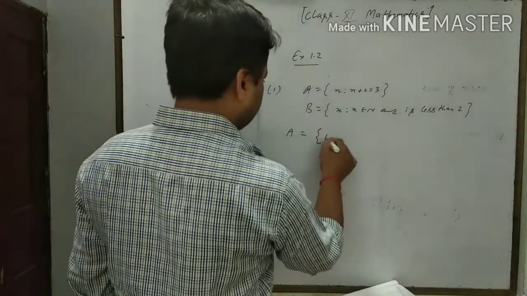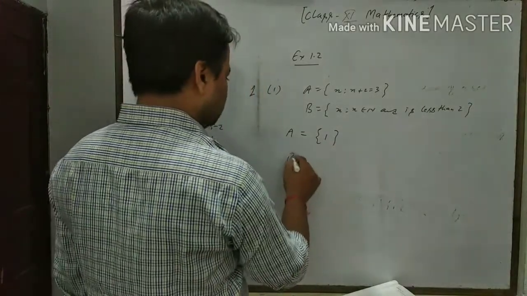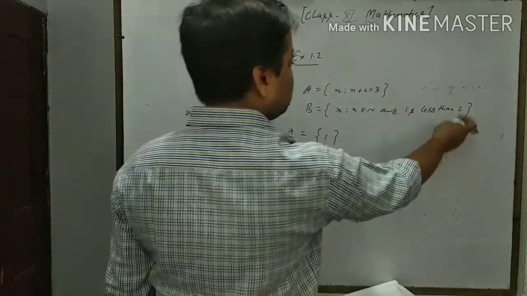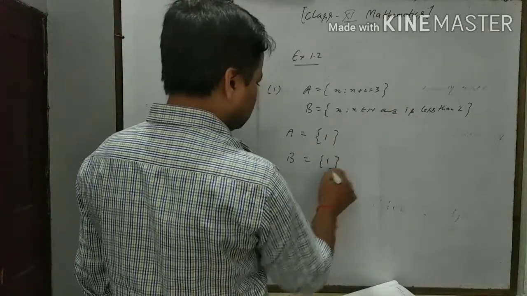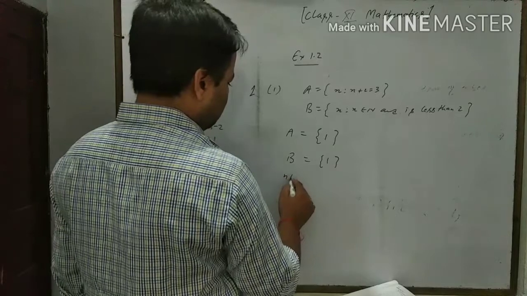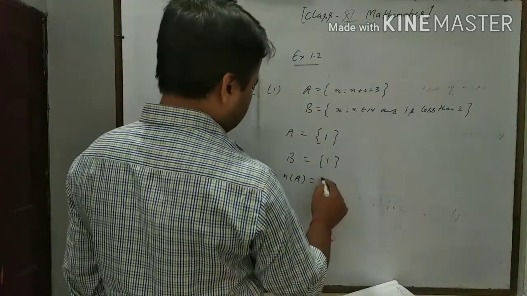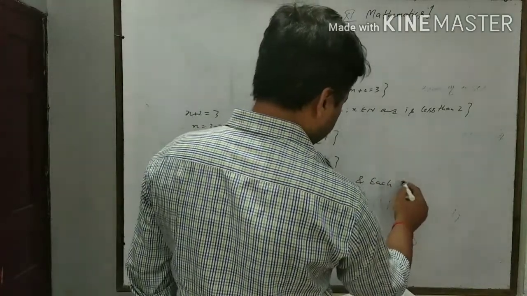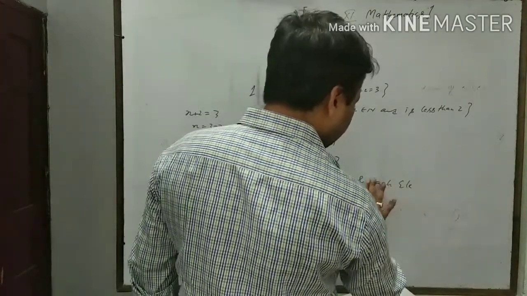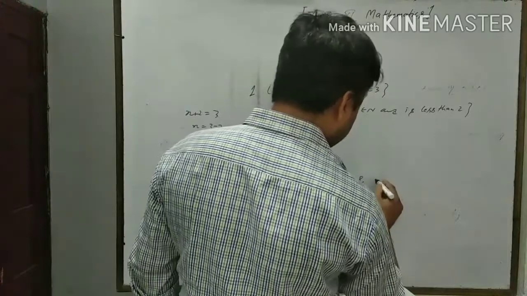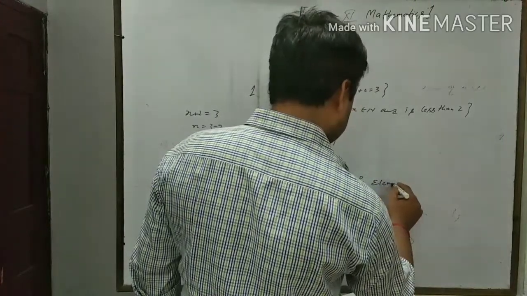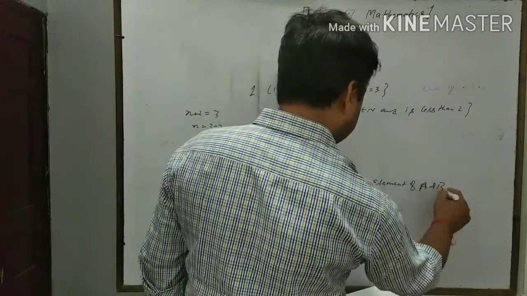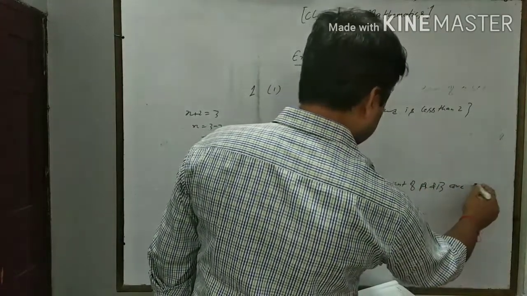So here the value of A is 1, and according to the question, B is also x belongs to natural numbers, and the natural number which is less than 2 is 1. Here we see that the cardinal number of A is equal to the cardinal number of B, and the elements of A and B are the same.